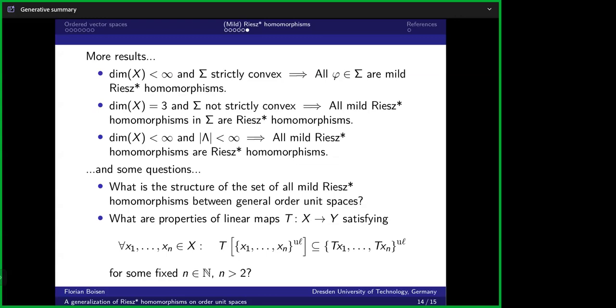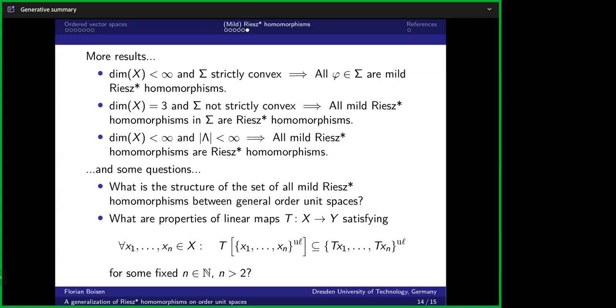There is a project in Leiden going on with Onno van Haandel and a student who worked on this, and they have an example for a linear map which satisfies this condition with sets of at most three elements, but does not satisfy this inclusion for sets with at most four elements or something like that.